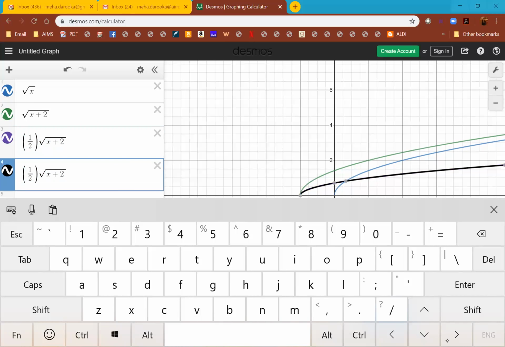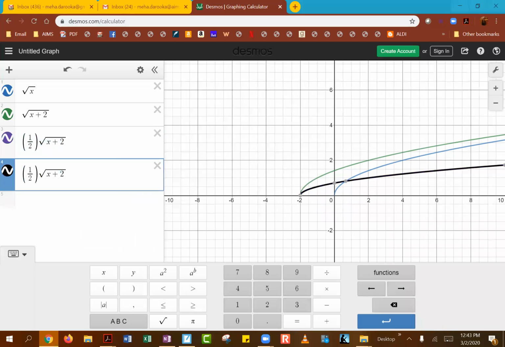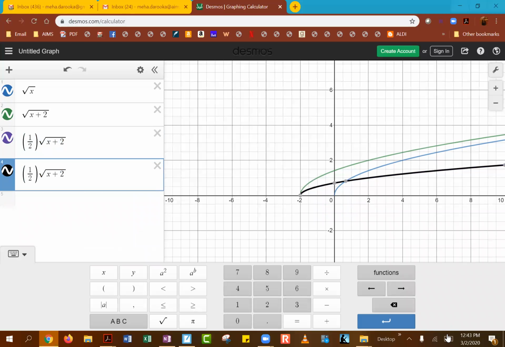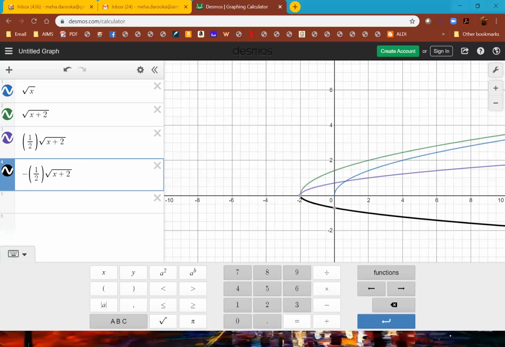Okay, reflection. And then the very last part is where we move it 4 units up.